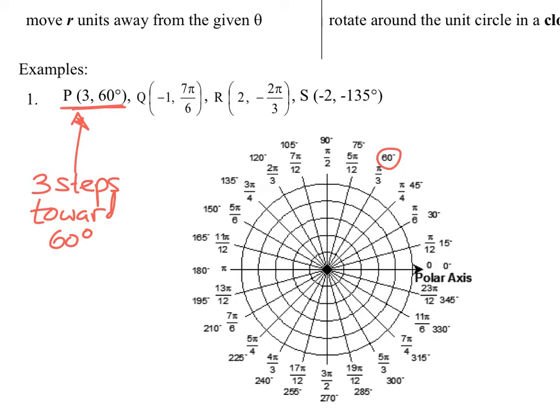So you identify 60 degrees, and you take 1, 2, 3 steps in the direction of 60 degrees. Let me make my marker a little thicker. I'll make it obnoxiously big. There we go. So that's point P, 3 steps in the direction of 60 degrees.